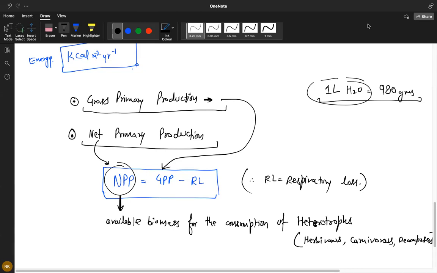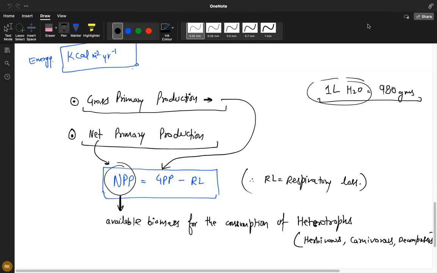That is dependent on just the metabolism, respiration. Correct? So that's called secondary production. So write down: secondary production is defined as the rate of formation of new organic matter by consumers.